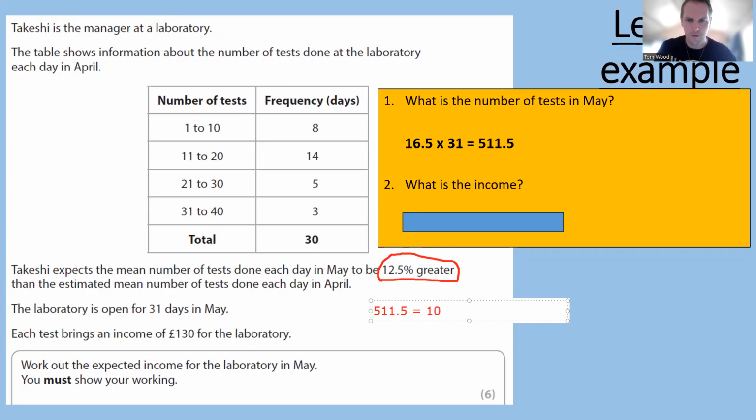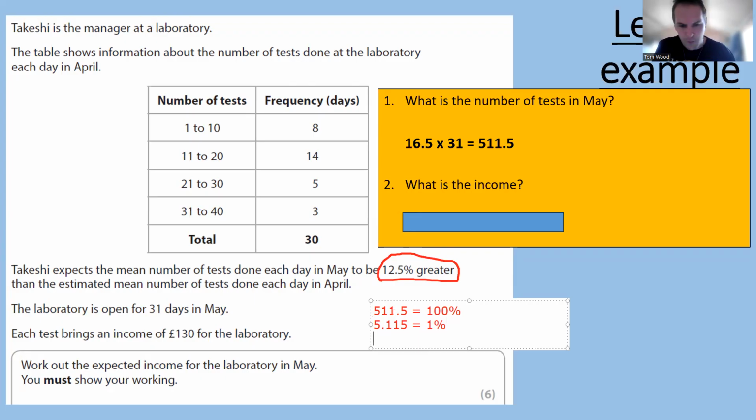So I've got 511.5. That is my 100%. What I need to do now is find 12.5%. First of all, I'm going to find 1%, which will be 5.115. I'm going to multiply it by 12.5.